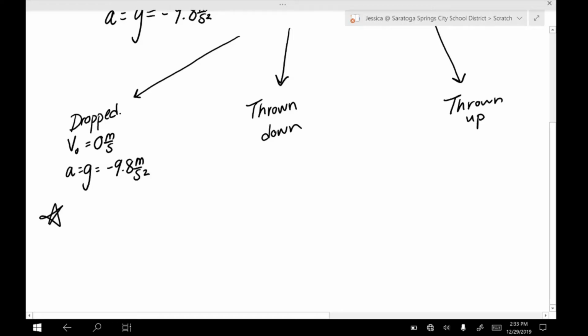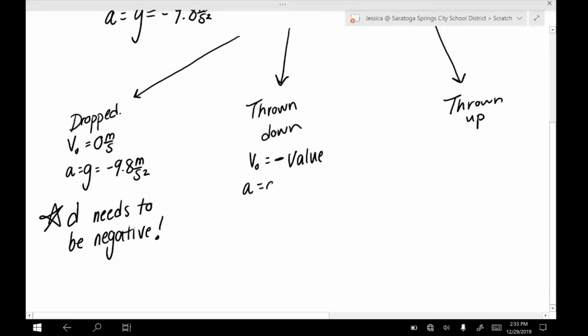When an object is dropped, though, d needs to be negative because the object is falling down, and down is a negative direction. When an object is thrown downwards, the initial velocity has some negative value. Again, negative because it's thrown down. The acceleration is g, negative 9.8 meters a second squared.